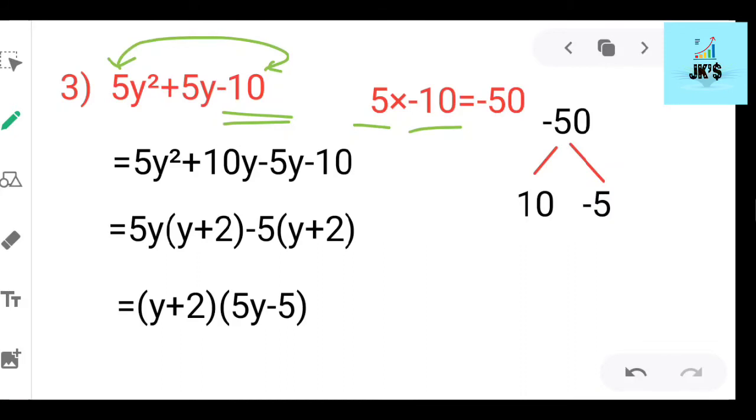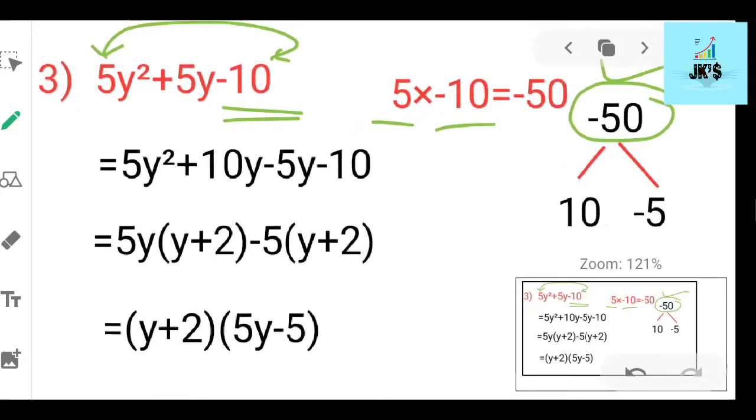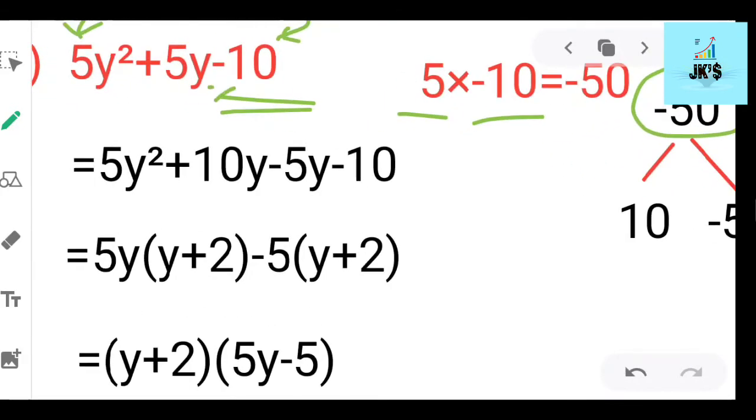Minus into plus is minus. 5 tens are 50, so minus 50. Now we have to factorize minus 50 such that the sign of the constant term is minus. So their subtraction is equal to plus 5.